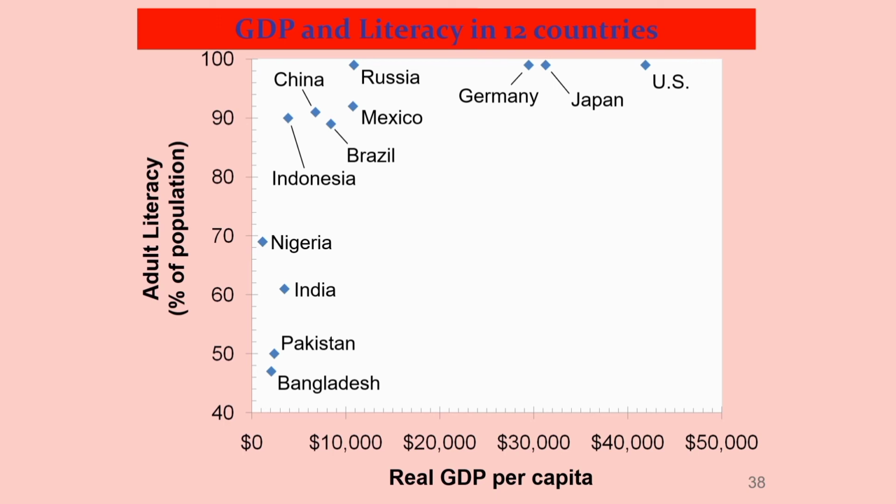Okay, for example, Bangladesh, Pakistan, India, Nigeria have low real GDP per capita, and these are also the countries that have low adult literacy as percent of population. The source of this data is the Human Development Report 2007-2008 from the United Nations.